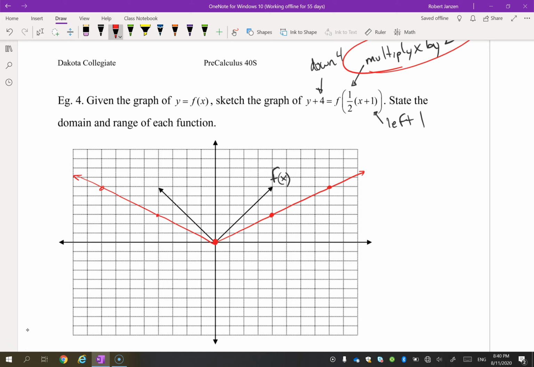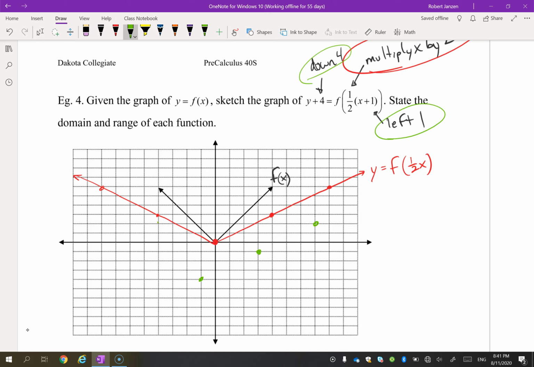Okay, now be careful. What is this graph? This is y equals f of a half x. That's all I've done to it. All right, now I'm going to go down 4, left 1. So that point's going to go there. That one goes there. And all I'm doing, I'm not looking at the entire graph.